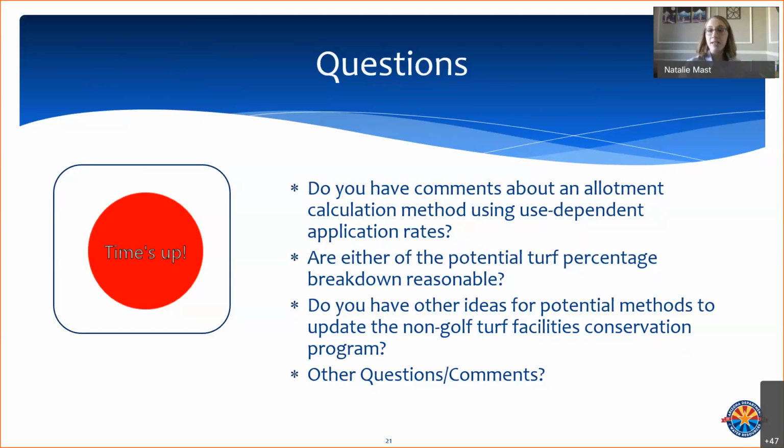While to your exact point, a lot of the newer parks do have a larger percentage of athletic fields. So we wanted to make sure we were finding some kind of balance between the older and the newer. And we also think that some of that difference can be addressed through the mechanism that I mentioned, where parks who have a higher percentage will be able to apply to ADWR to have that percentage increased.